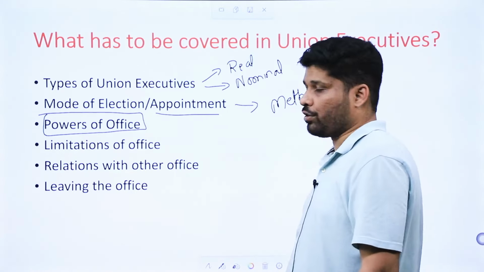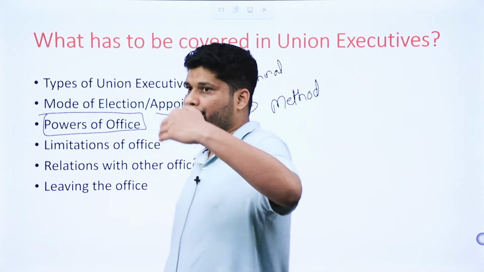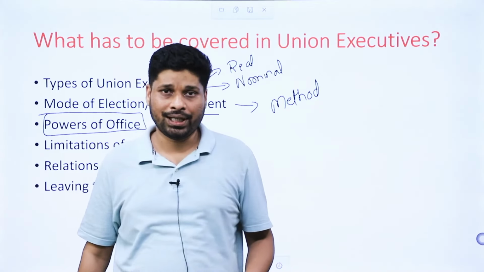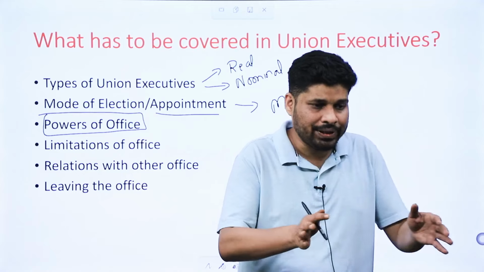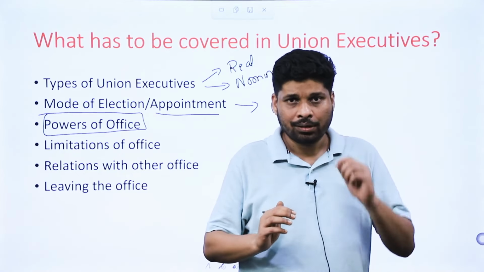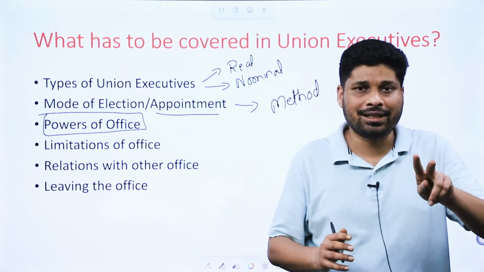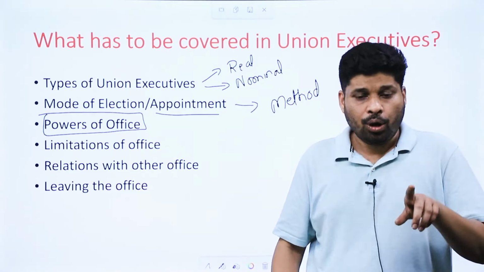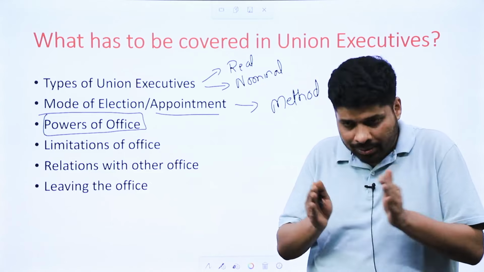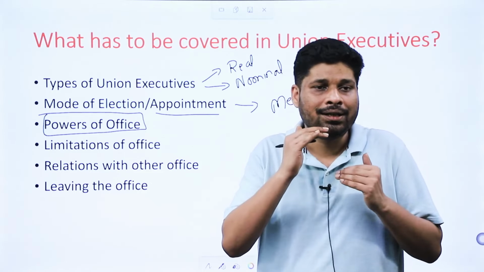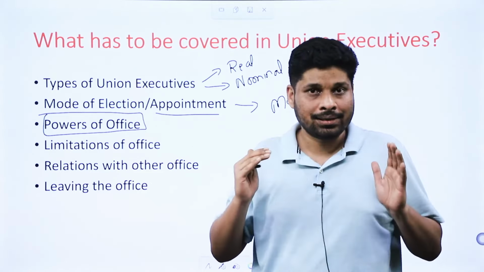Relations with other offices. For example, relation between the President of India and the Prime Minister of India. Relation between the Prime Minister and his Council of Ministers, how they coordinate their work, has to be looked into. Also, you cannot limit yourself to relations between executive offices.